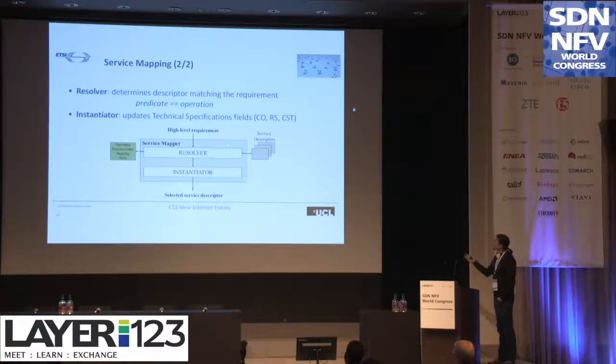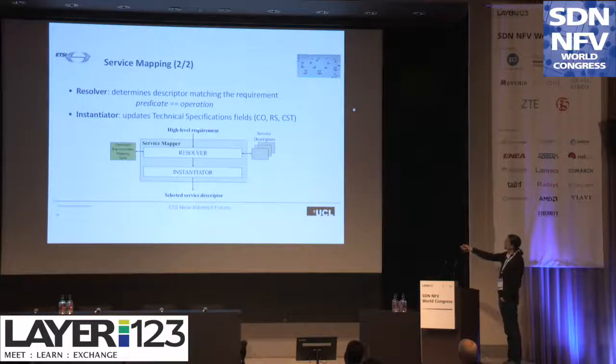So the service mapper has 2 components. First, the resolver, which determines the descriptor matching the requirement. So it reads the various service descriptors. For simplicity, I'm just going to say that this is a matching operation between the predicate of the high-level requirement and the operation of the service descriptor.